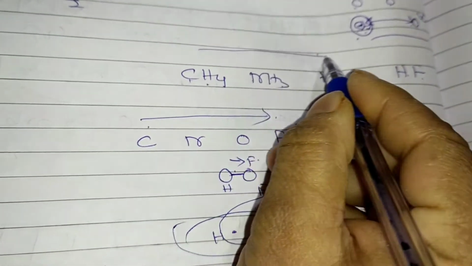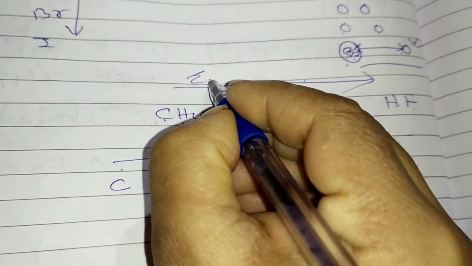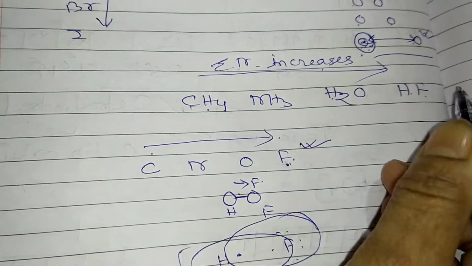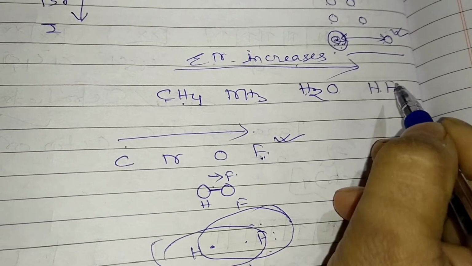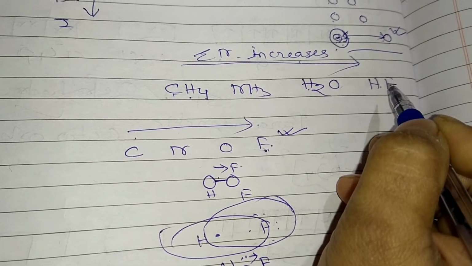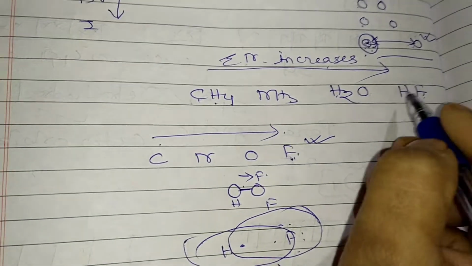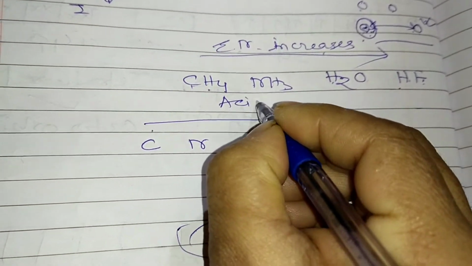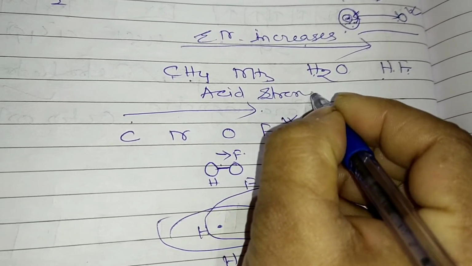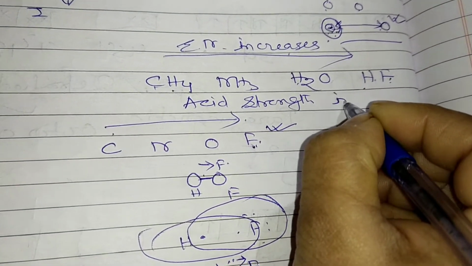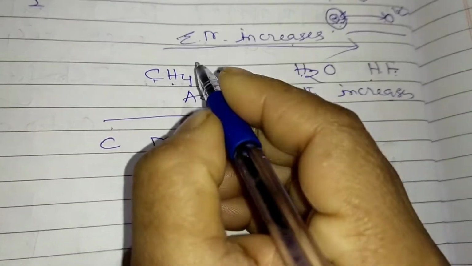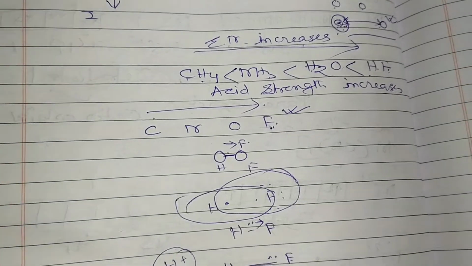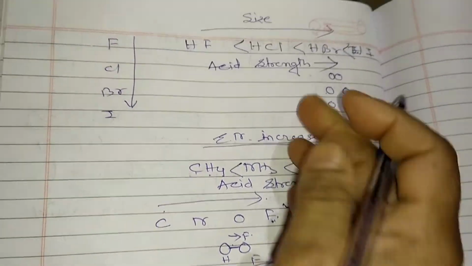When going left to right in a period, electronegativity increases, and that atom can attract the shared pair of electrons very strongly, and hydrogen can be donated as H+ very easily. So the acid strength also increases here. The acid strength is maximum for hydrogen fluoride.